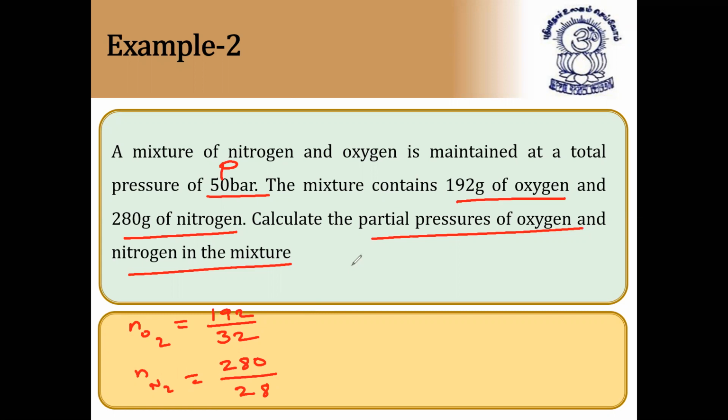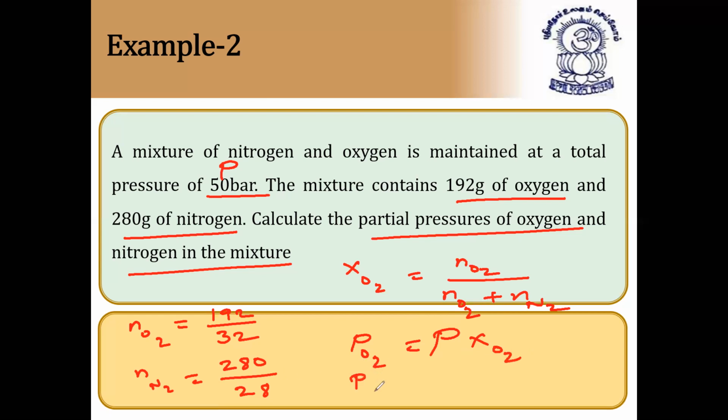So we can find the number of moles of oxygen and of nitrogen. After finding the number of moles, we can first find the mole fraction of oxygen, which is equal to the number of moles of oxygen by the total number of moles of the mixture, that is, number of moles of oxygen plus number of moles of nitrogen. Similarly, after finding the mole fraction of oxygen, we can find the partial pressure of oxygen, which is equal to total pressure, that is P equal to 50 bars, into the mole fraction of oxygen.